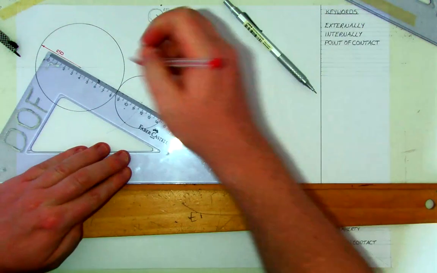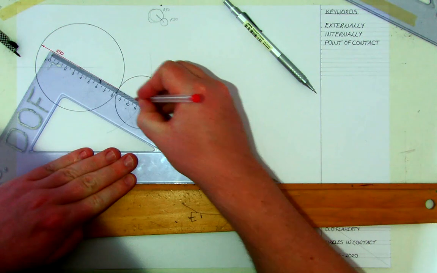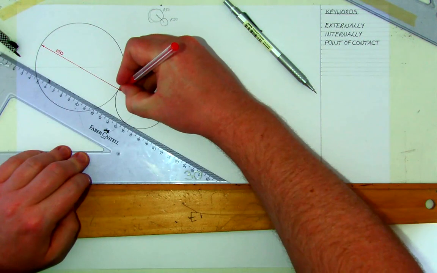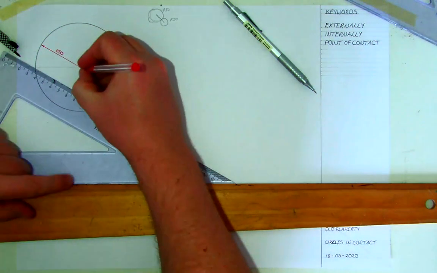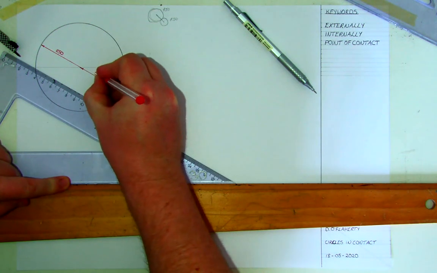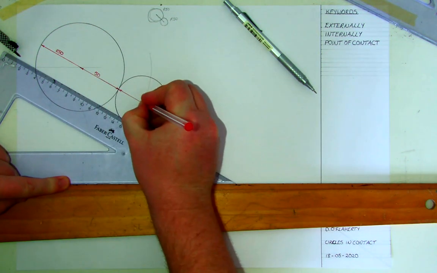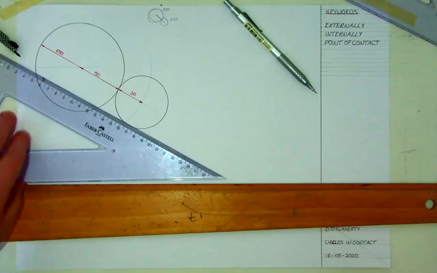I've got radius 50 and radius 30. That's 50, and that's 30. And there's my arc of 80.